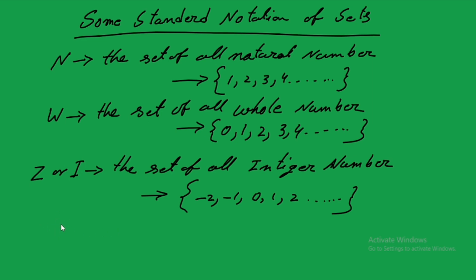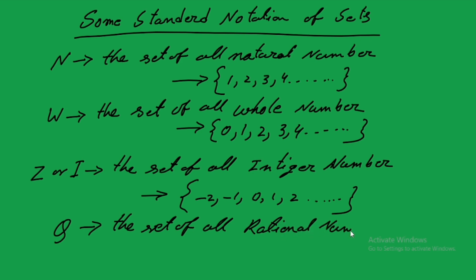Another representation is capital Q, which represents the set of all rational numbers. These are all noted as p by q.